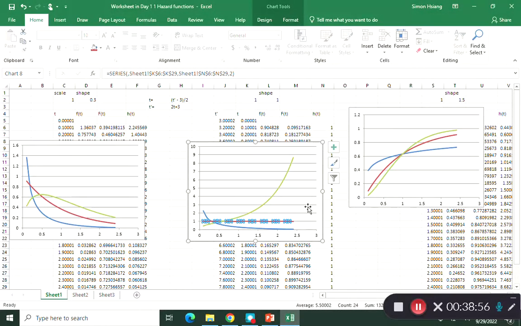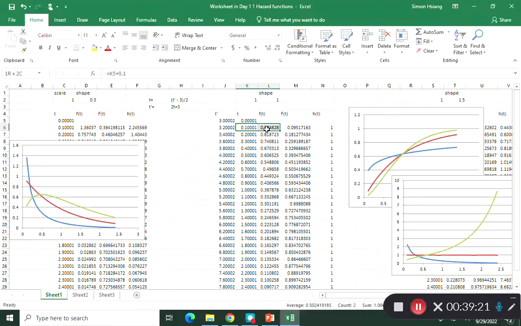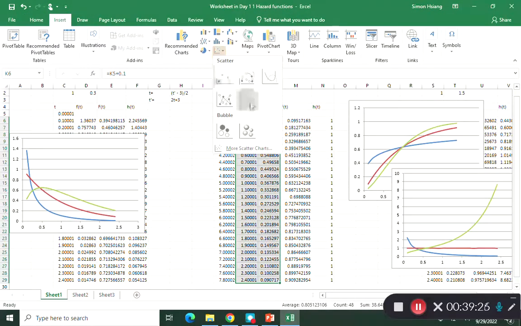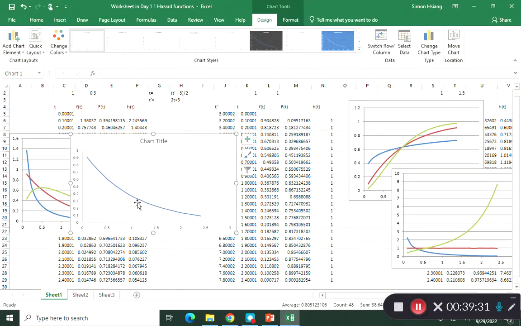But if I played the tricks and said, don't plot this guy, I want you to plot this guy, guess what, you have to get rid of the other stuff. But no, let me do it this way. Create a new one. Say I want to plot this against this, and I'm just saying, move over here.